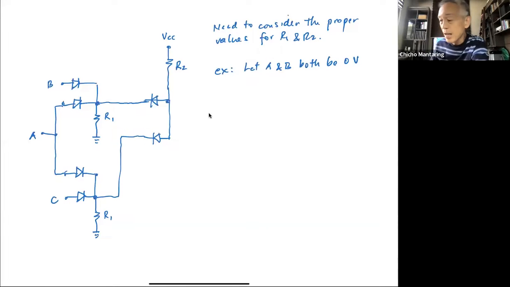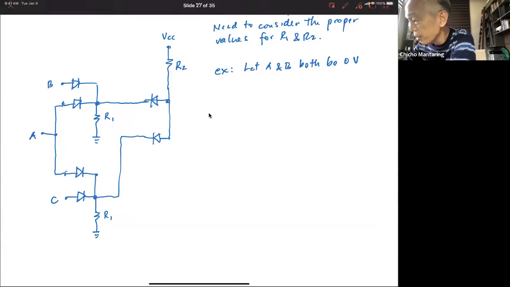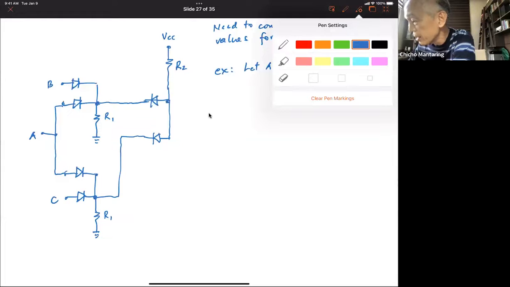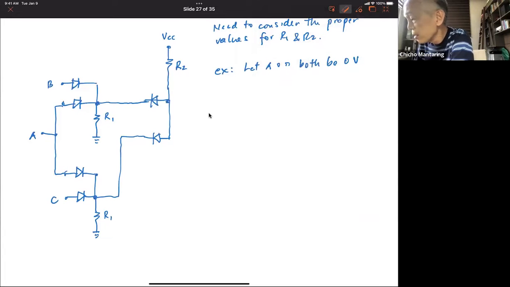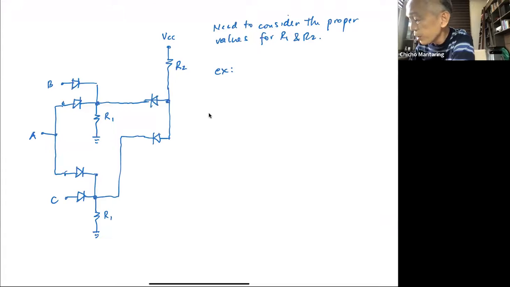Sige, gawin na natin sa lahat, ano? Sorry if I'm a little bit disorganized. Okay, so let A, B, and C all be 0 volts.